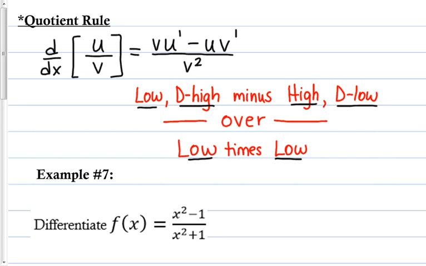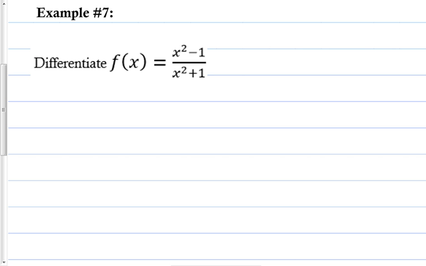Okay, so example 7, differentiate f of x equals x squared minus 1 over x squared plus 1. So here I have a function being divided by another function. So we're going to call this u on top and v on the bottom. So just like the product rule, I would much rather you take the time to figure out, okay, what is u?